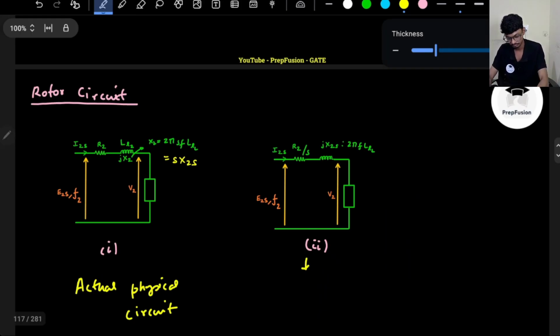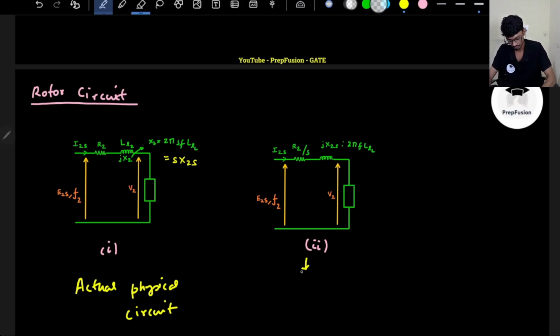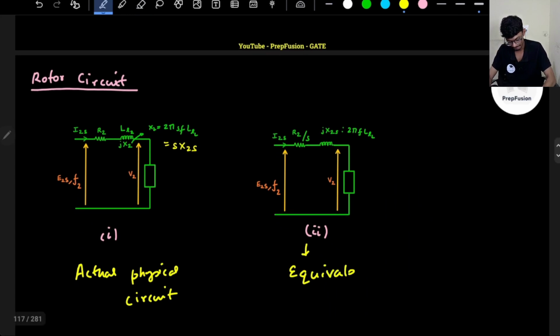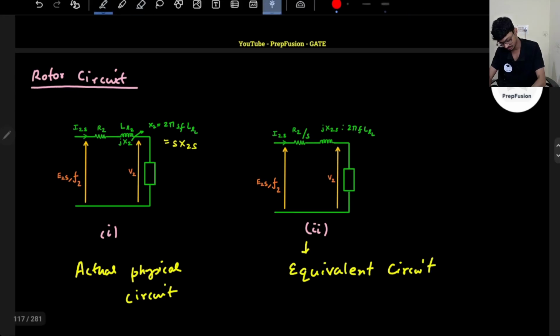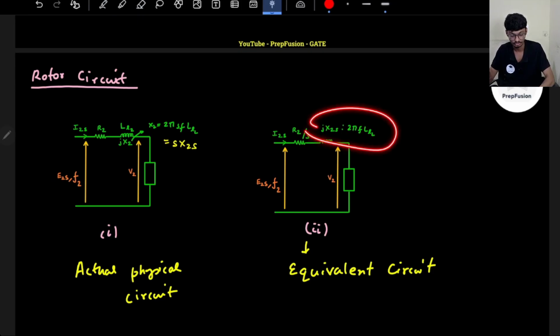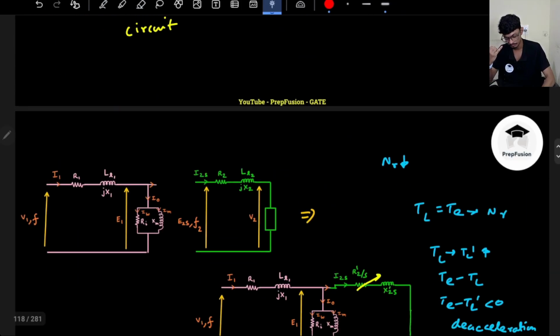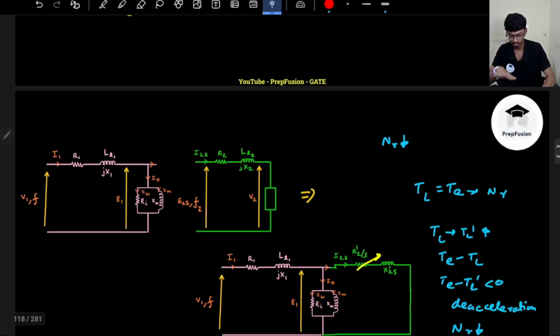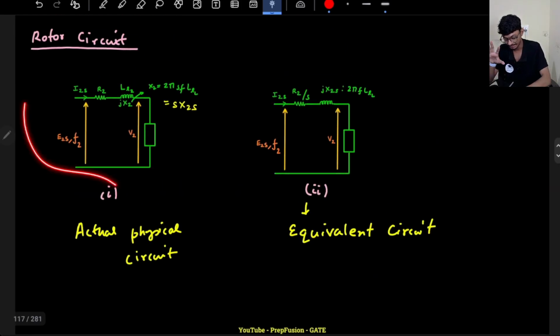So this is the equivalent circuit. Now you might have a doubt, sir, why we use this circuit, why not use this? First of all, we are using this because it becomes frequency independent. Here it is X2 dash, so I can simply connect it to the stator side, for our own analysis. But in reality, this is the circuit.